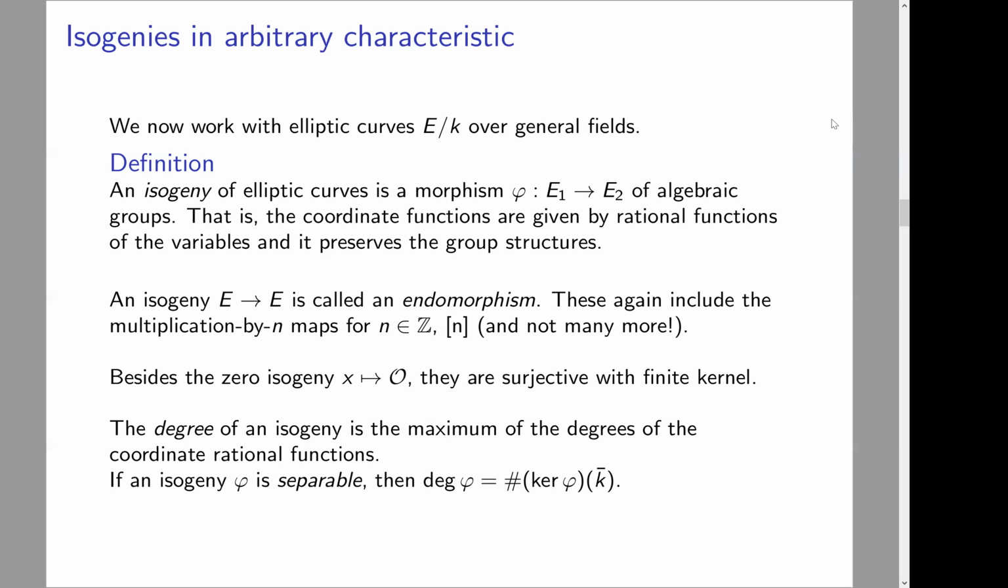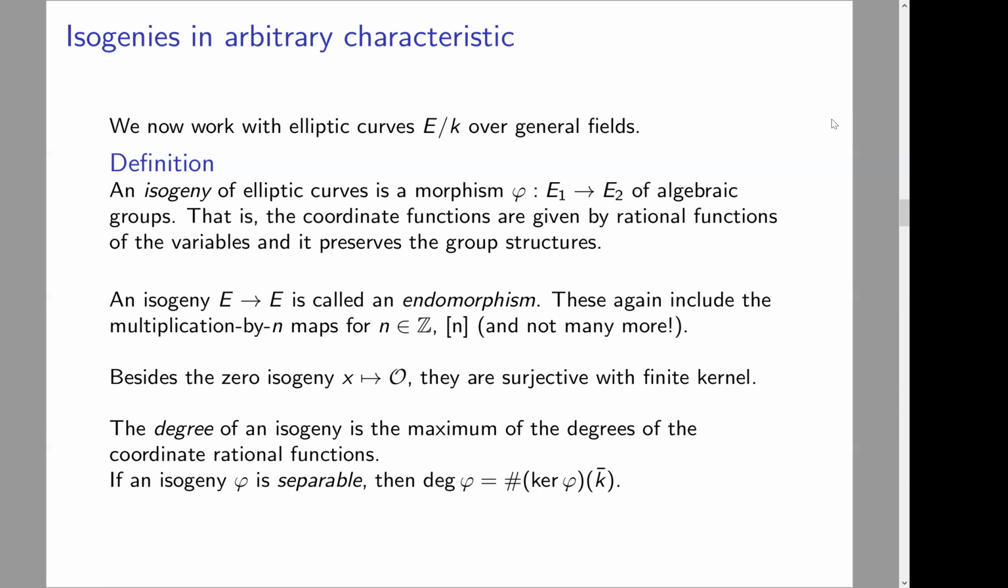All you have to check is that 0 goes to 0. By 0, I mean the point at infinity, our origin of the group structure. But as soon as the origin goes to the origin, the identity goes to the identity, you have to preserve the group structure. It's quite remarkable. So sometimes you'll see in places people define an isogeny as an algebraic map that sends 0 to 0.